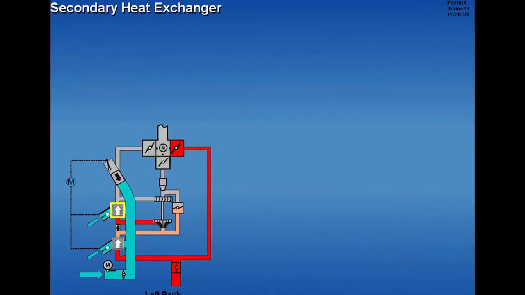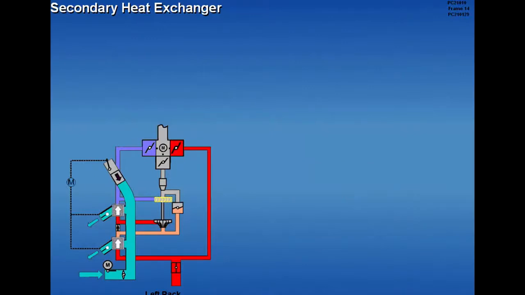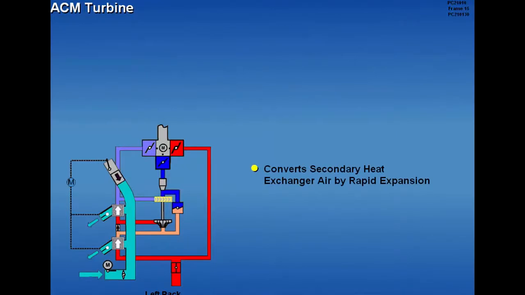The secondary heat exchanger converts the ACM compressor discharge air mixed with warm primary heat exchanger air into cool air. Operation of the secondary heat exchanger is identical to the primary heat exchanger. The ACM turbine converts cool secondary heat exchanger air into cold air by rapid expansion.